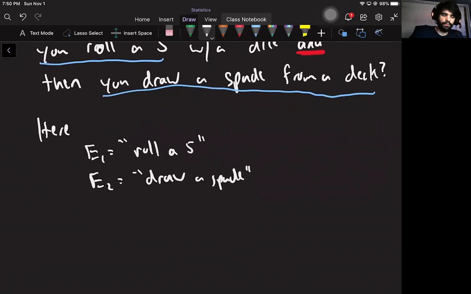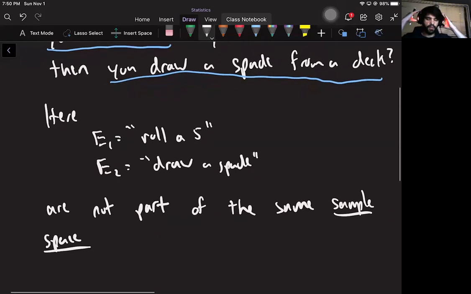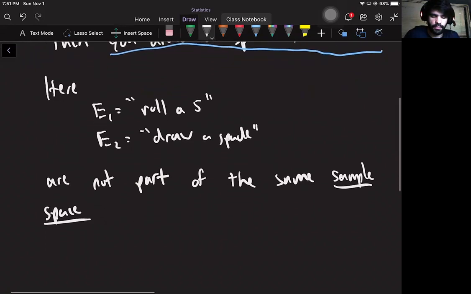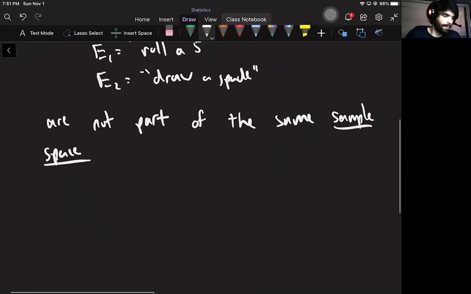So here, these are not, to use the fancy language, part of the same sample space. So the idea is that they're unrelated to each other. Rolling a 5 is doing one type of action, and drawing a spade is another type of action, either rolling a dice or drawing a card, two different actions.